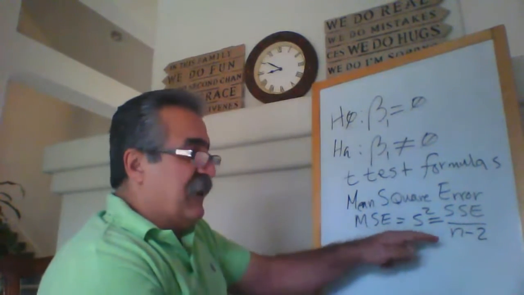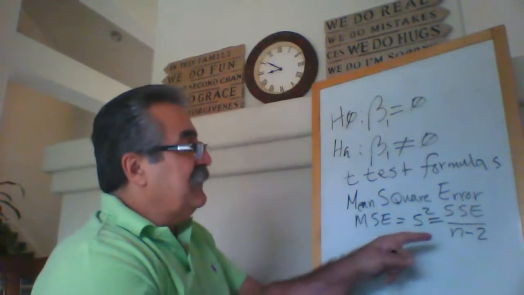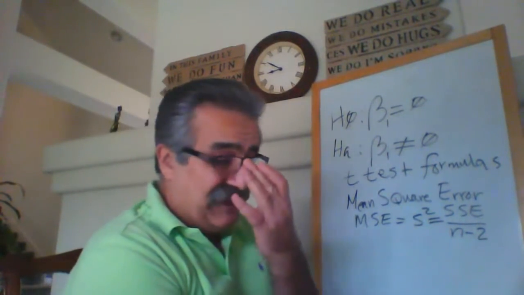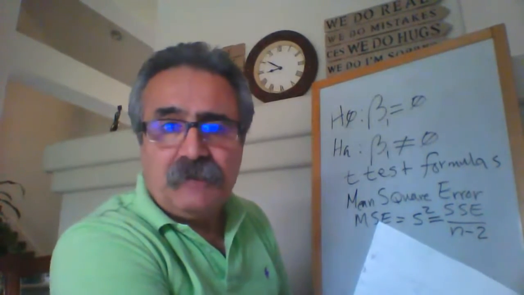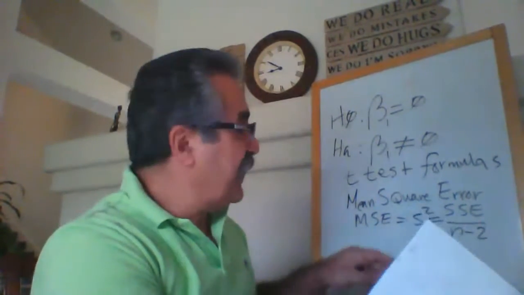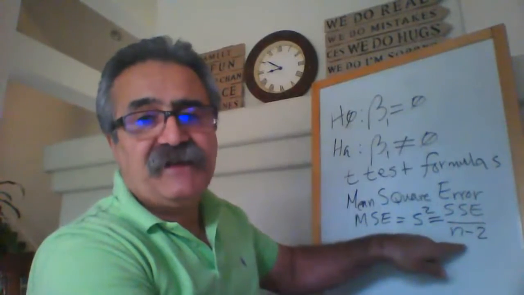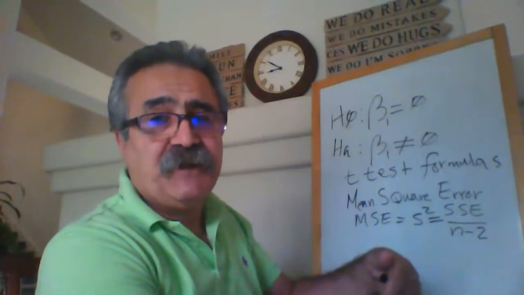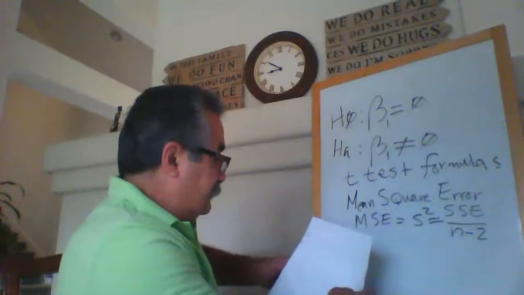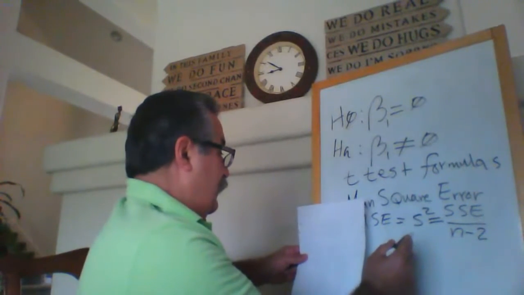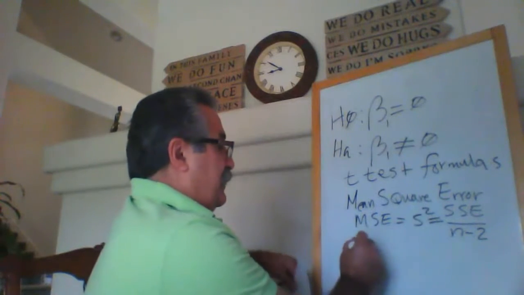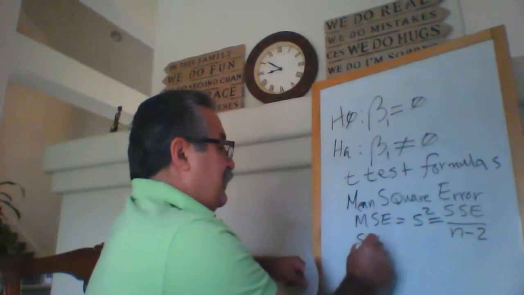That means if we have to go to the T table, we use n minus 2 when we're looking for degrees of freedom. All right? And then the SSE, we already have it.